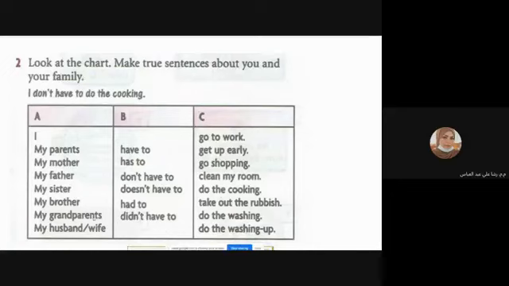We can say my brother didn't have to do the washing, my grandparents didn't have to get up early. Notice that didn't comes with singular and plural, and had becomes have: didn't have to.